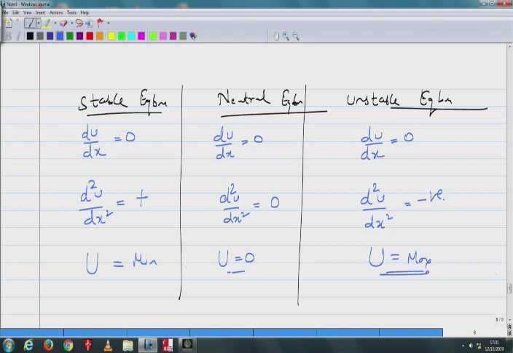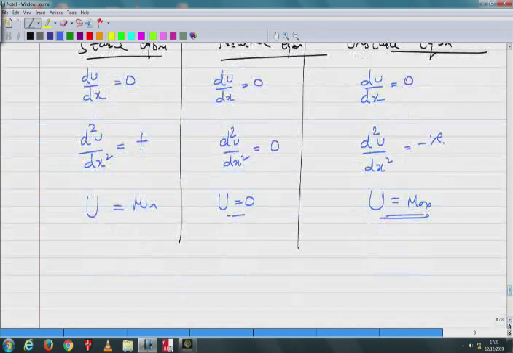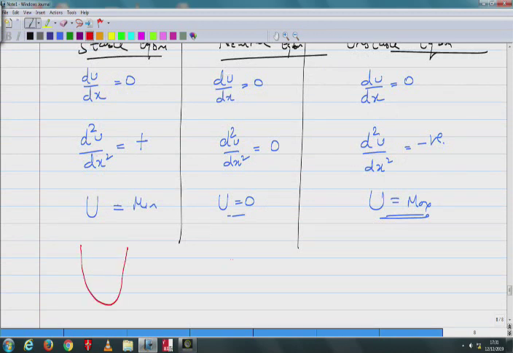All right, and finally, let's try to understand it. We have this, and we have this. So what is going on? If you just take it forward, if your dx is positive and your potential energy increases, your force must be negative.